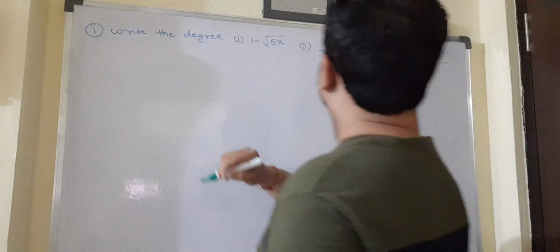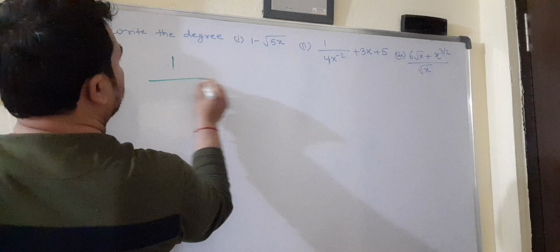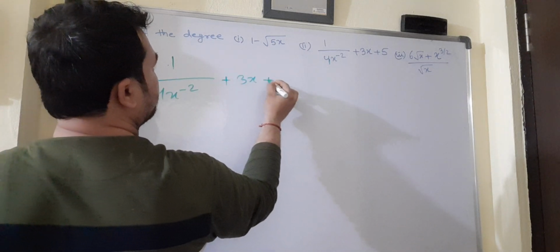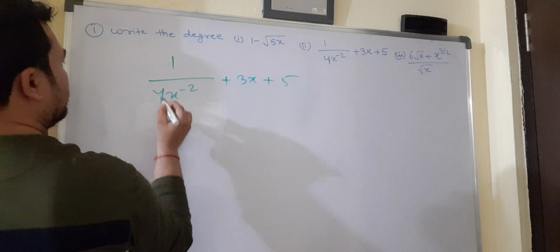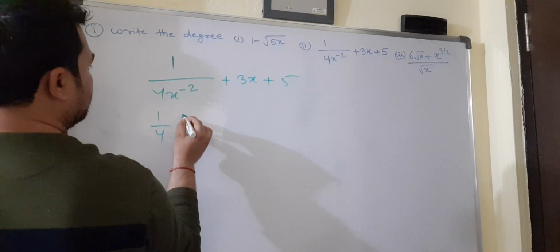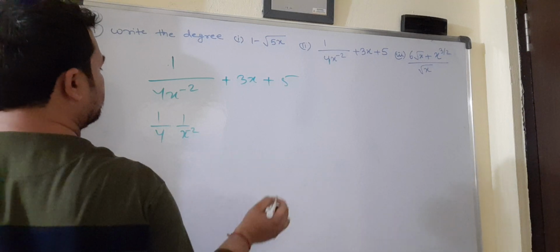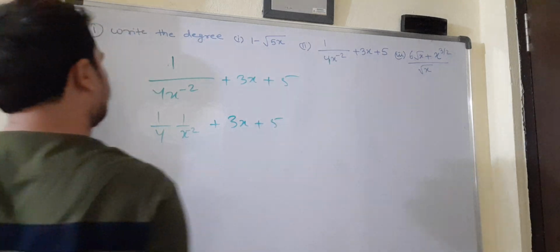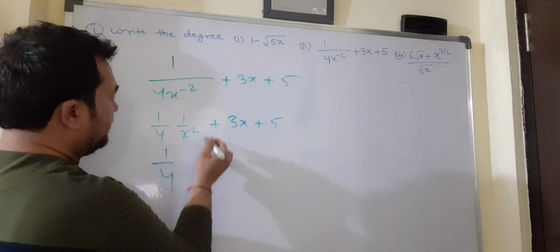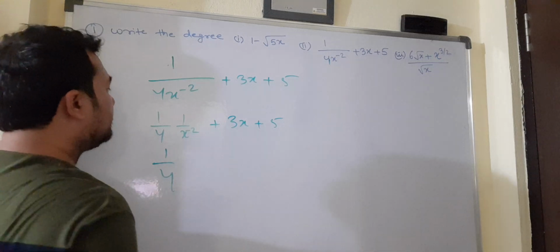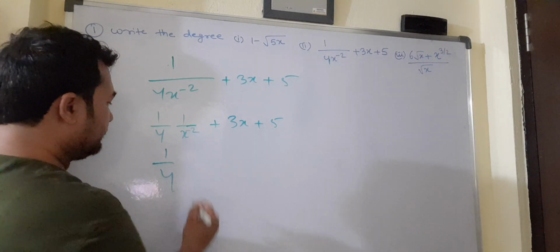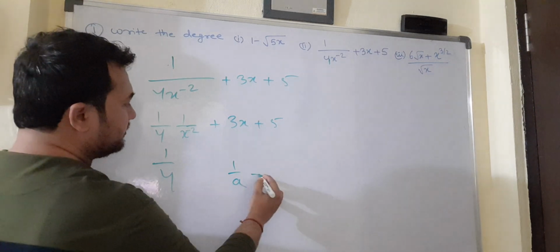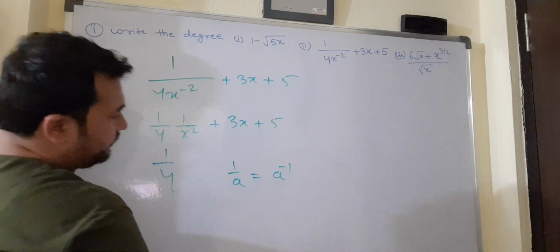Again here, see, this is 1 by 4, 1 by x to the power minus 2, plus 3x plus 5. What you see here is x to the power minus 2, and since it is in the denominator, suppose 1 by a, what do you write? You write it as a to the power minus 1.